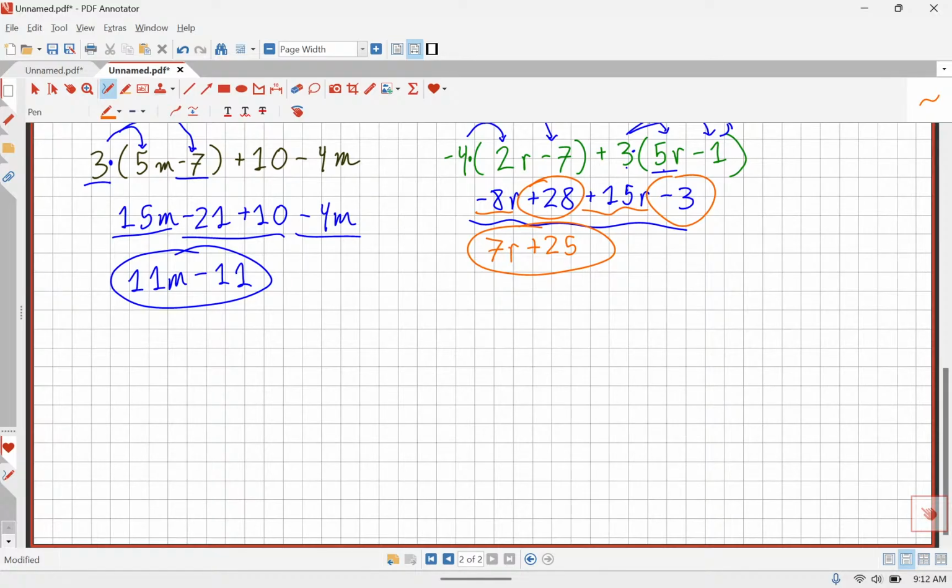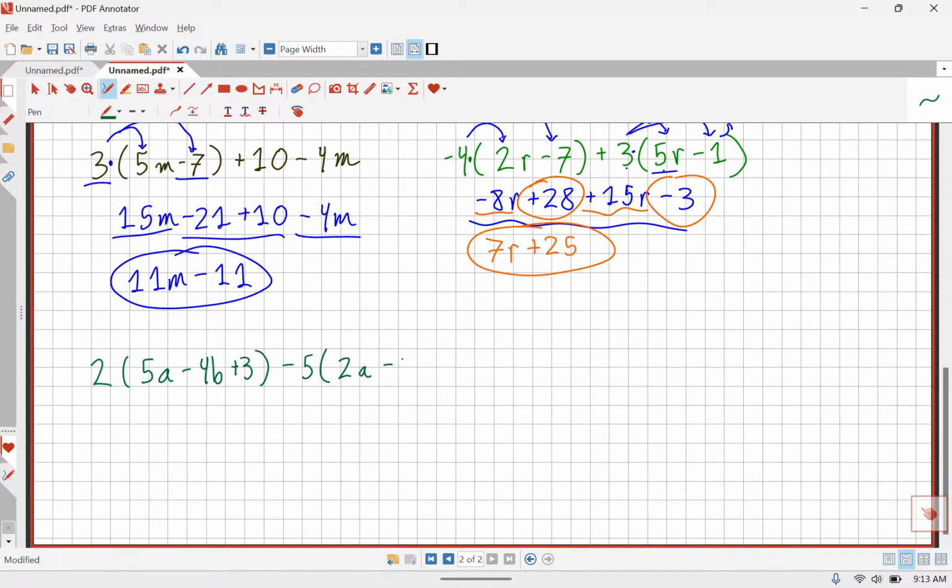Okay, here we go. This one freaks people out a lot, but you're going to be okay. 2 open parentheses, 5a minus 4b plus 3, close parentheses, minus 5 open parentheses, 2a minus b plus 7.